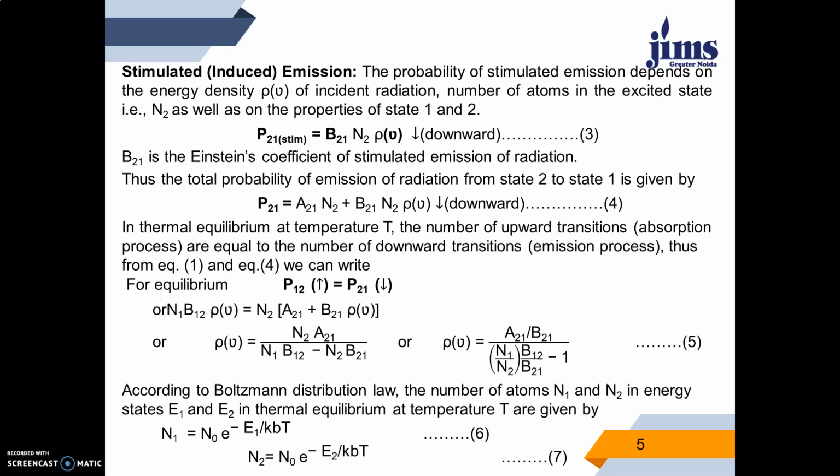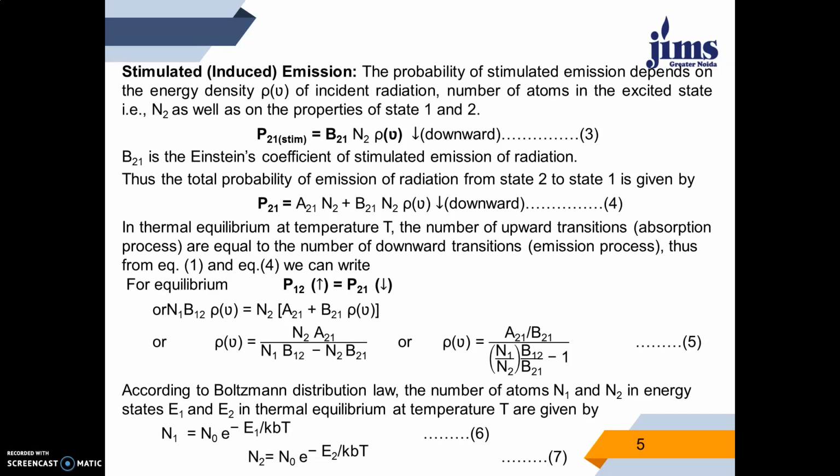We simplify this equation and we have rho nu, the energy density of radiation, equal to A21 over B21 divided by N1 over N2 times B12 over B21 minus 1. This is equation number 5. We have rearranged the equation in the form of equation number 5. That is very simple; you can do it very easily.